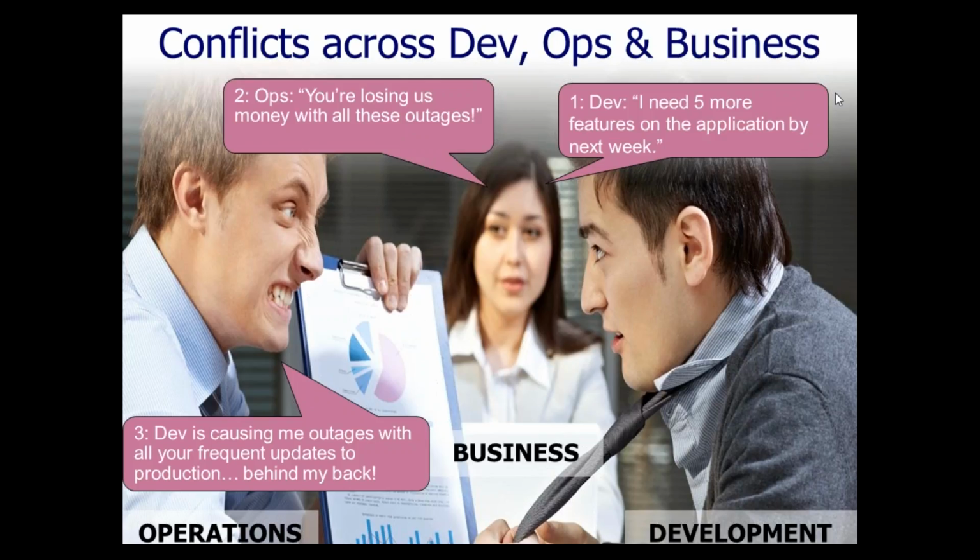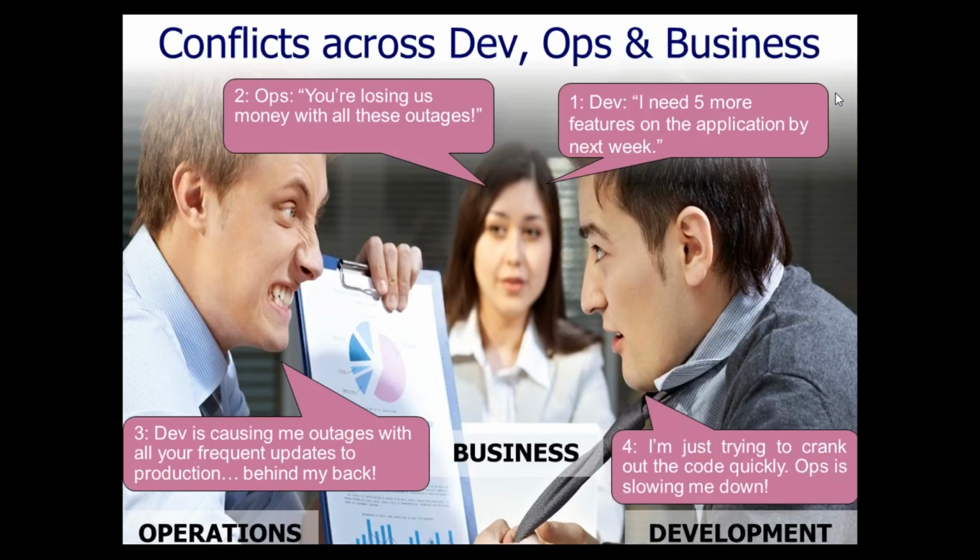So that is a pain point from an ops perspective, to which the dev would say, I'm just trying to crank out the code as quickly as possible, and ops is slowing me down. This is what you would see in any environment. There are always conflicts between dev, ops, and business.